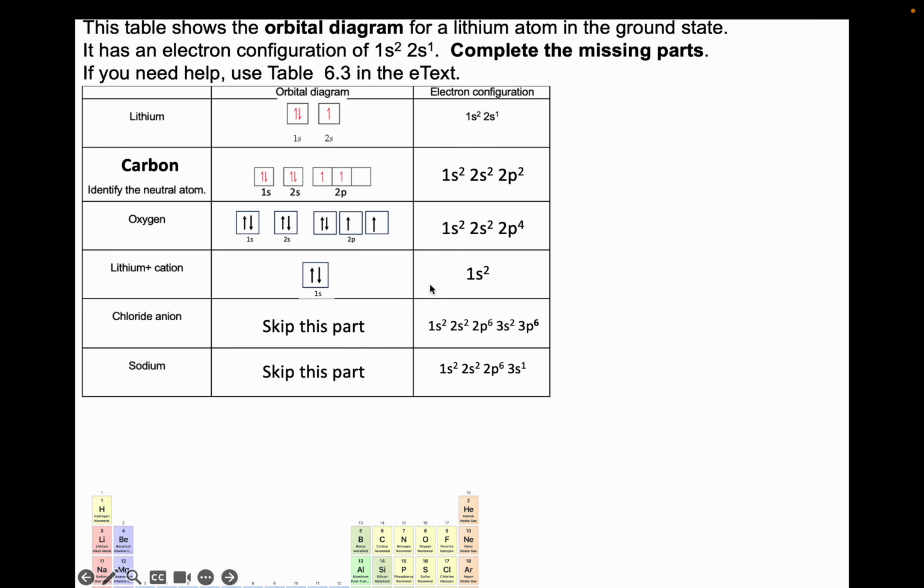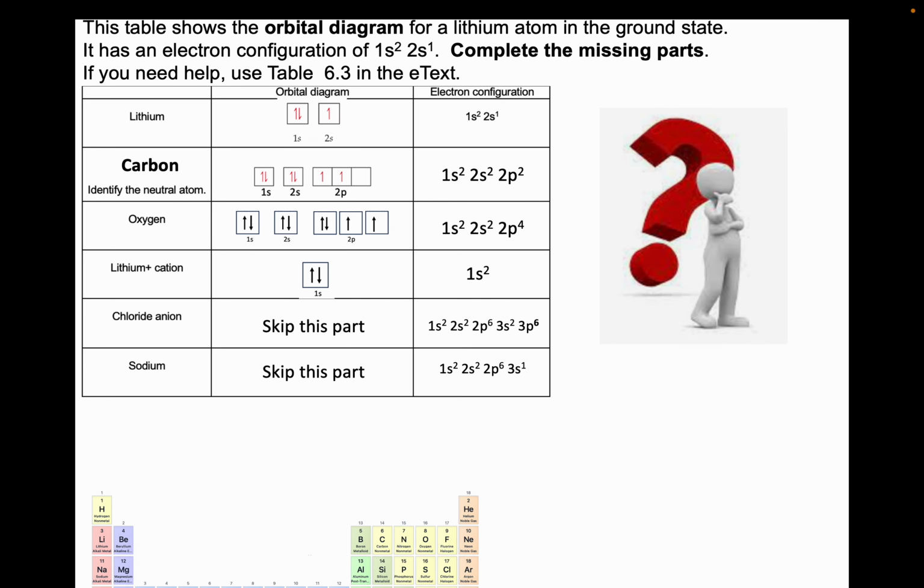It's the anion, so I've added 1 more to get to 18 electrons. And then finally for sodium, 1s2, 2s2, 2p6, 3s1. I'm using the same ordering in each of these cases, the same ordering for the atomic orbitals. A lot of information within this particular image. What questions do you have?